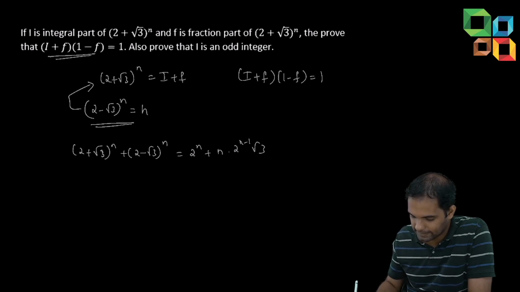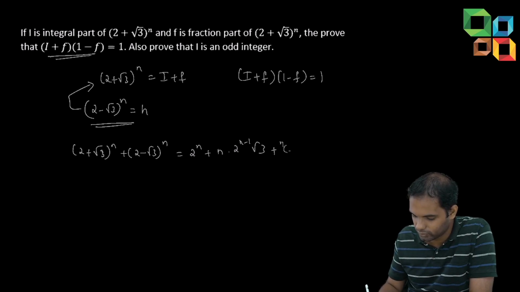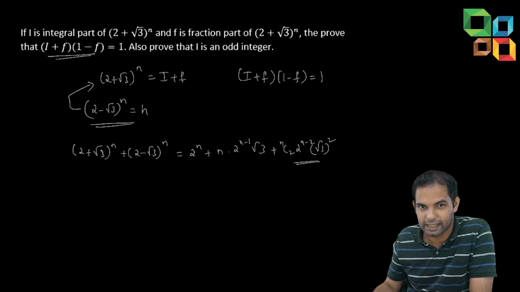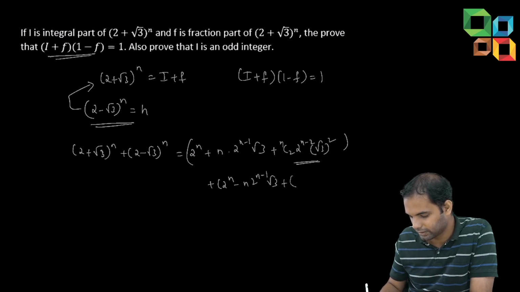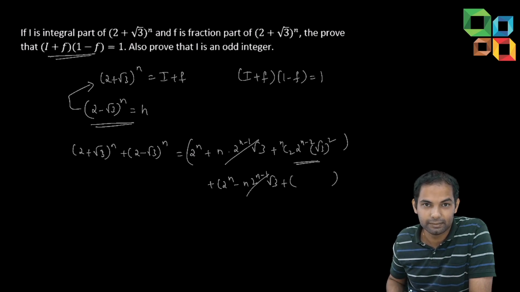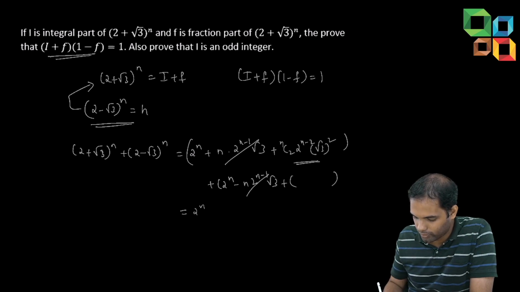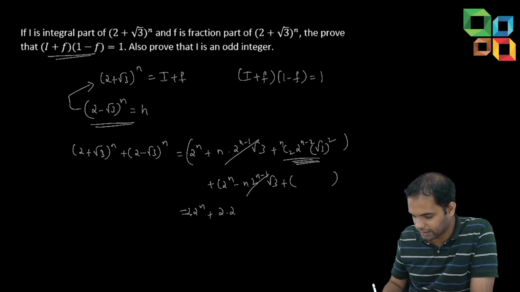Next would be nC2 into 2 power n minus 2 into root 3 square, and this root 3 square term won't be irrational. Similarly, there are the same terms with a negative sign. It will be 2 power n, minus nC1 into 2 power n minus 1 into root 3, and the next will be plus. Just look at the terms. Whichever is the irrational term will get cancelled. So what I'm going to get is 2 power n, and the next term is twice this, which is not an irrational number.